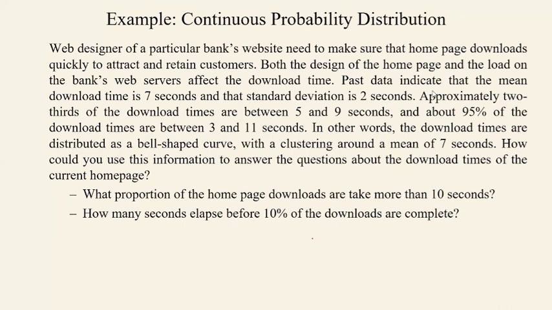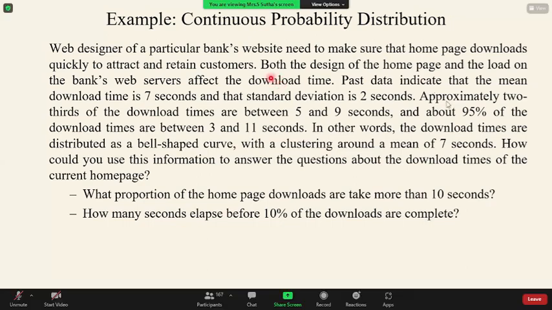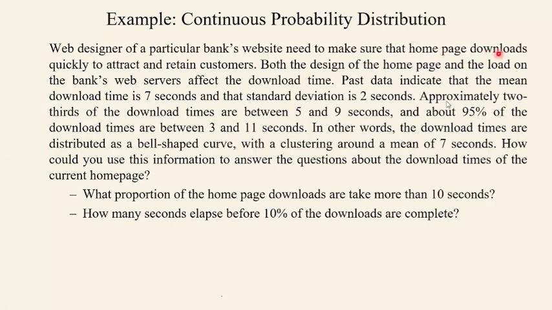Now in another working scenario, we are looking at a continuous random variable and how we can use it to calculate probabilities related to some events, right? Here it is regarding a particular bank's website, and we need to make sure the home page downloads quickly, that is, how long it will take to download the home page.